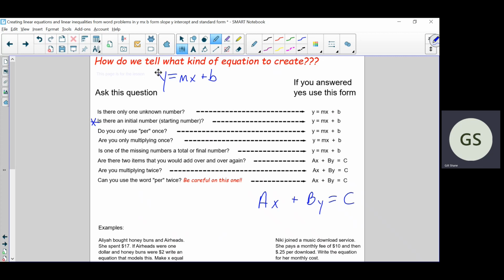So if you read that problem, look at the second question. It says, is there a starting number? Is there an initial number? If you say yes to that, if you're like, yeah, absolutely, I know there's a starting number. A beginning bank balance, like you start with $100 and you're going to add $10 every week. Or you start with a membership fee and then you're going to pay for every download of a song or movie or whatever you download.